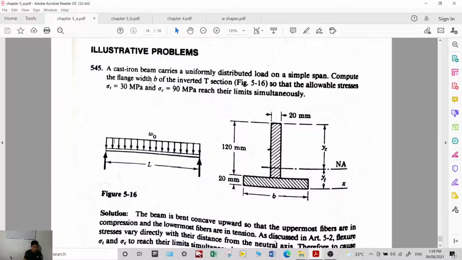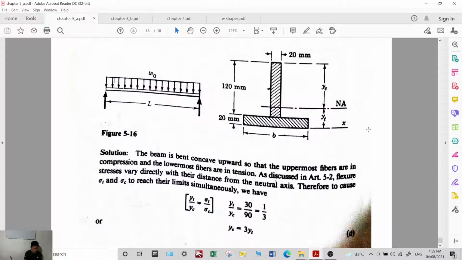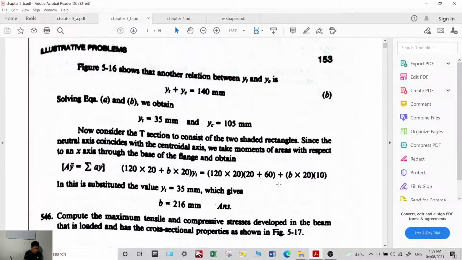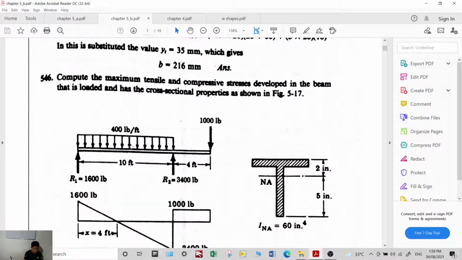Compute the flange width B of the inverted T section. Okay. By the way, example 546.